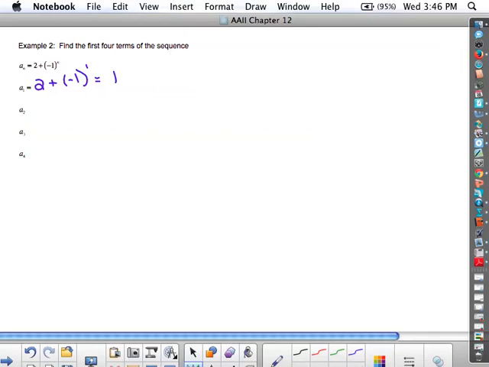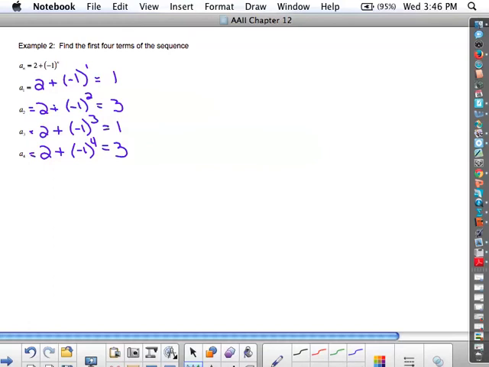This becomes a 1, and then 2 plus negative 1 squared will make that positive, which makes a 3. Then 2 plus negative 1 to the third: it's odd, meaning that negative 1, that's 2 minus 1, which is 1. And then the fourth, 2 plus negative 1 to the fourth, again will return to even.